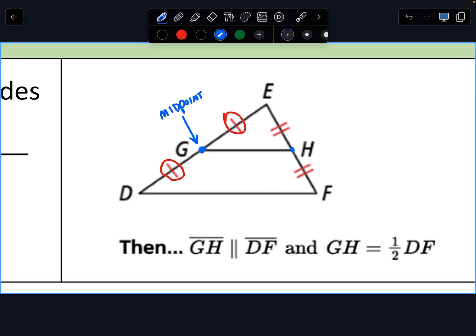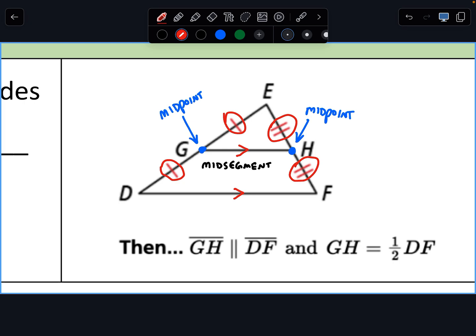I can say the same thing about H. H also must be a midpoint because I can see that I have congruence markings on either side. So whenever a segment connects two midpoints, we call it a mid-segment. That mid-segment is going to be parallel to that third side.